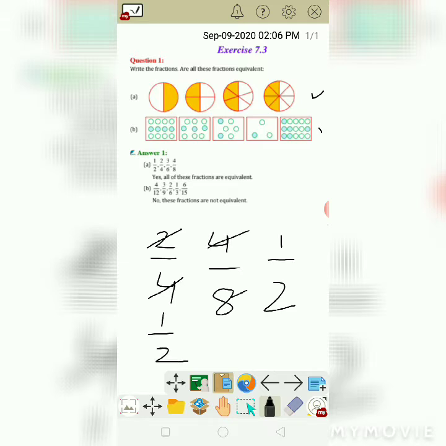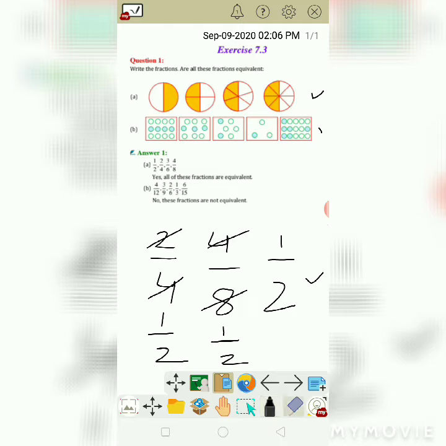If we cancel 4 by 8, we will get 1 by 2, and 1 by 2 is already 1 by 2. So all the fractions come out to be 1 by 2, 1 by 2 and 1 by 2. So we can say that 2 by 4, 4 by 8 and 1 by 2 are equivalent fractions, right?